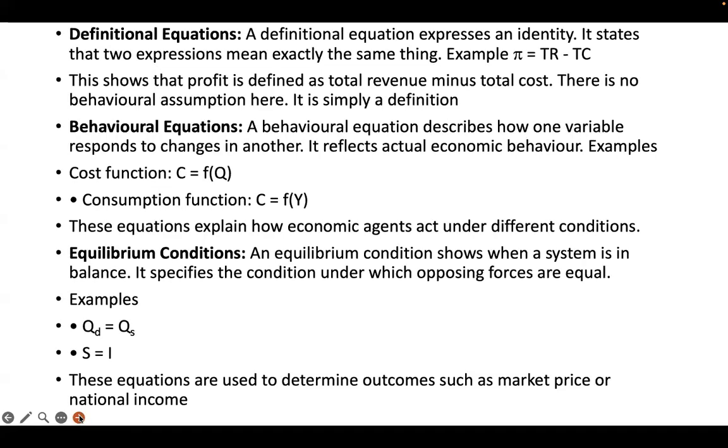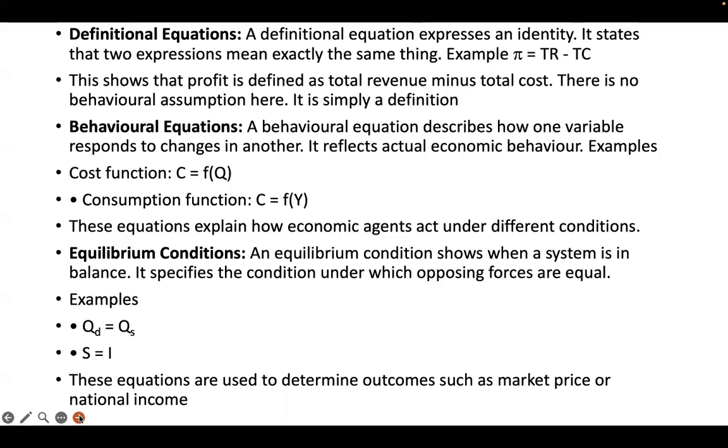So when you talk of a definitional equation, it expresses an identity. A definitional equation simply states what something is. It states that 2 expressions mean exactly the same thing.